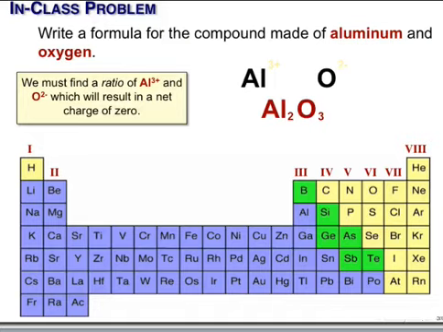So, with a simple compound like aluminum and oxygen, it's not that difficult. There are some compounds that are trickier. And if you get something that's trickier, using a little crisscross is a nice dodge, a nice way around it. So you could do the same thing with the first one?